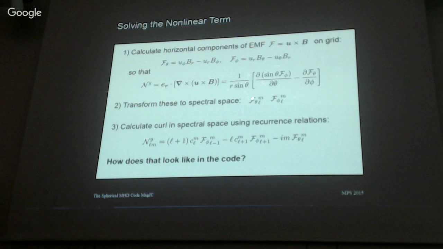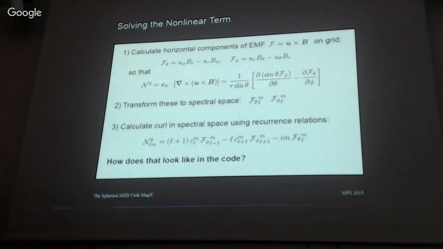So if you first multiply on the grid, and you transform this to spectral space, then you take these extra derivatives, and then you know analytically what this guy is. So this is just now writing these derivatives in terms of the spectral representation. So that's how we do it in the code. Now we have all terms we need for the poloidal magnetic equation in spectral space, right?